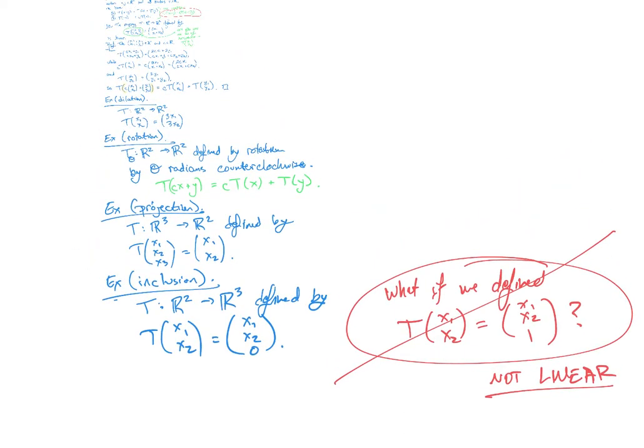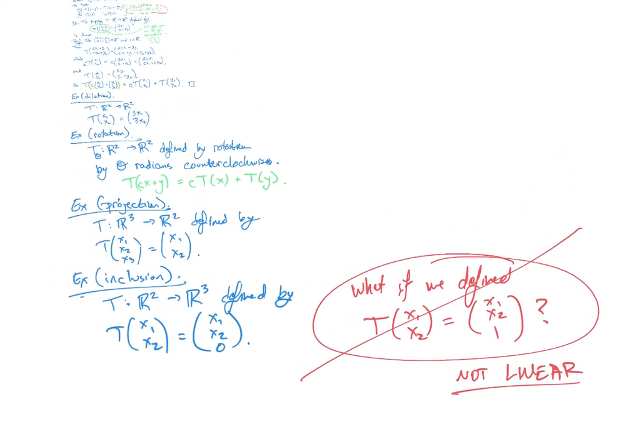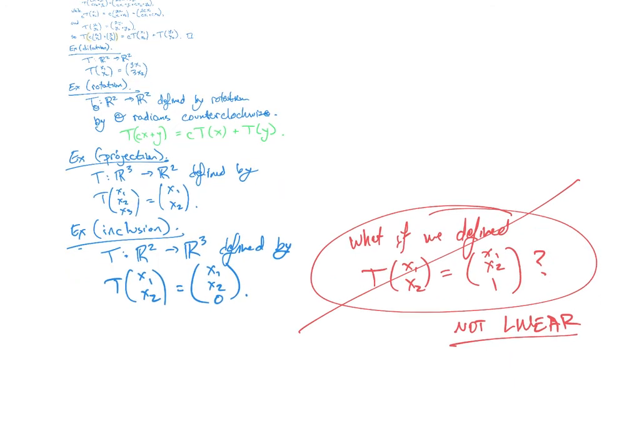Anything else that a linear transformation can do? Stretch and shrink, rotate, project, inclusion, anything else? You can do nothing. Yeah, I mean, that's a special case of all of them.